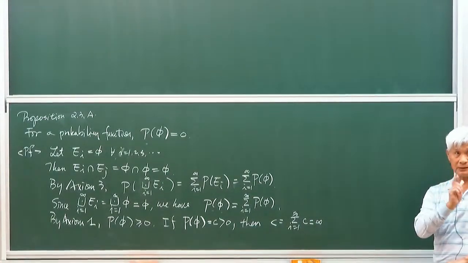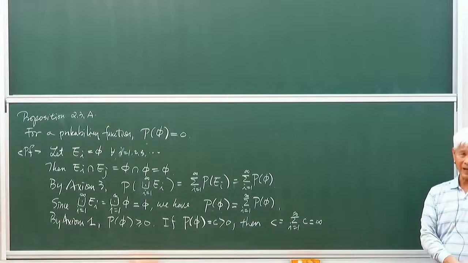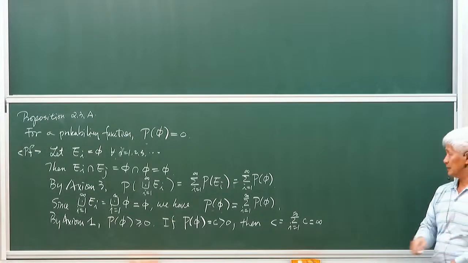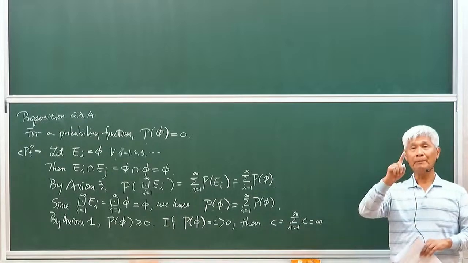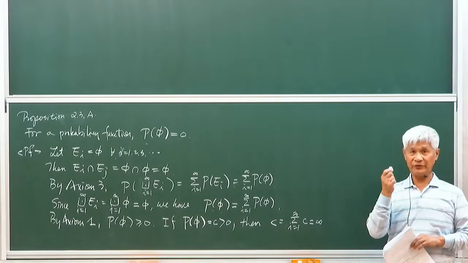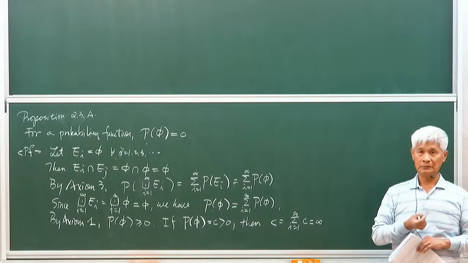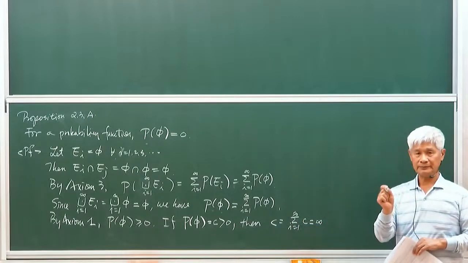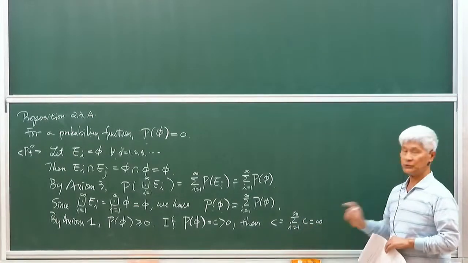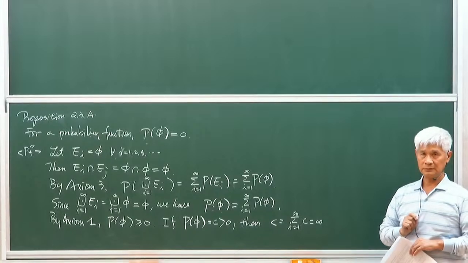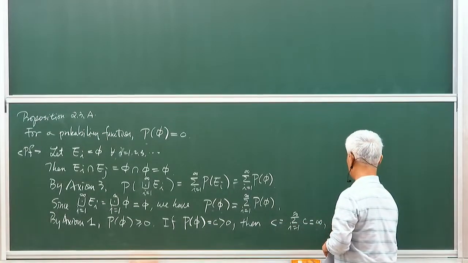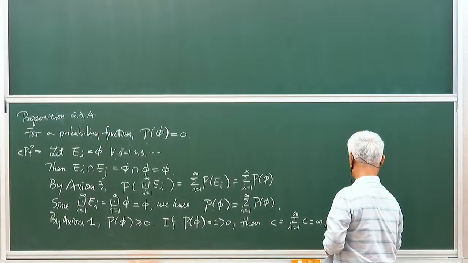If C is any positive number, no matter how small, maybe 10 to the minus 100, a very small positive number, adding it infinitely many times gives infinity. Then C is infinity, which is a contradiction.